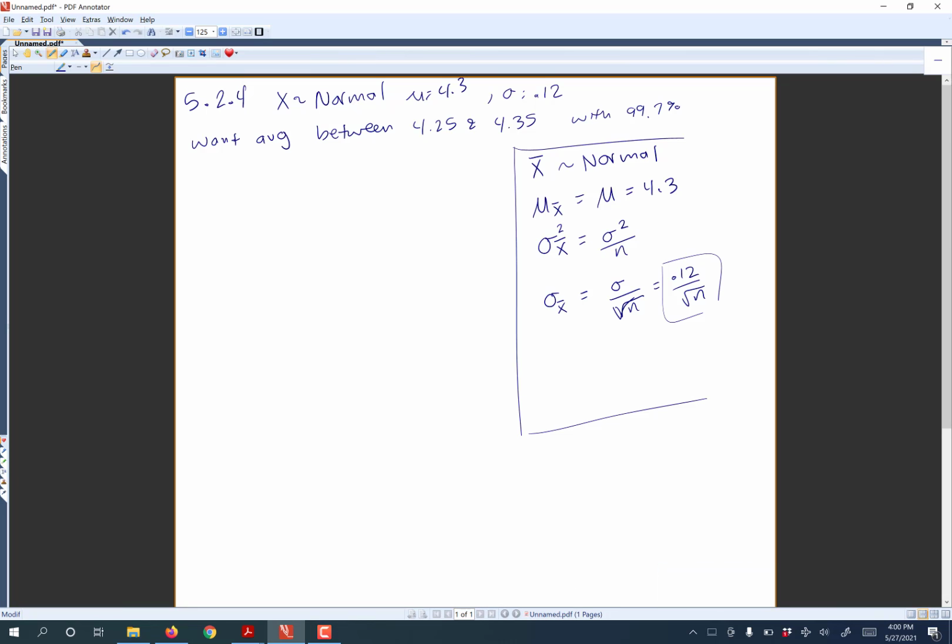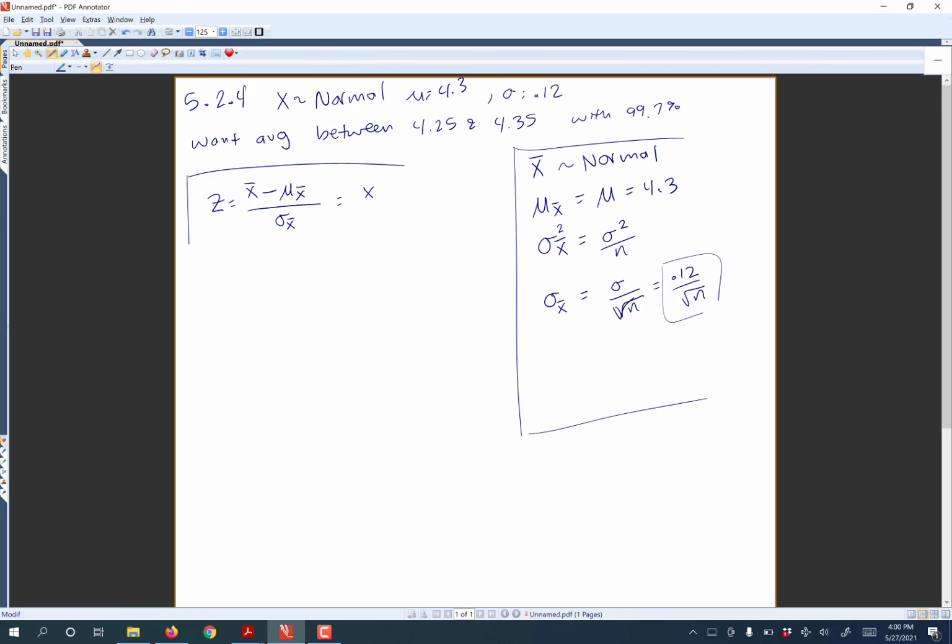So now we kind of know what our new mean and our new standard deviation are. So if I want to find a z-value, because anytime with the normal distribution we know we're going to have to find a z-value, we would do whatever the average value would be minus the mean for our averages over the standard deviation for averages.